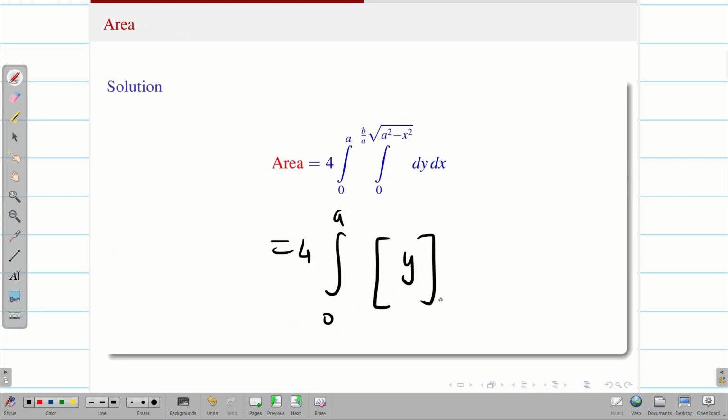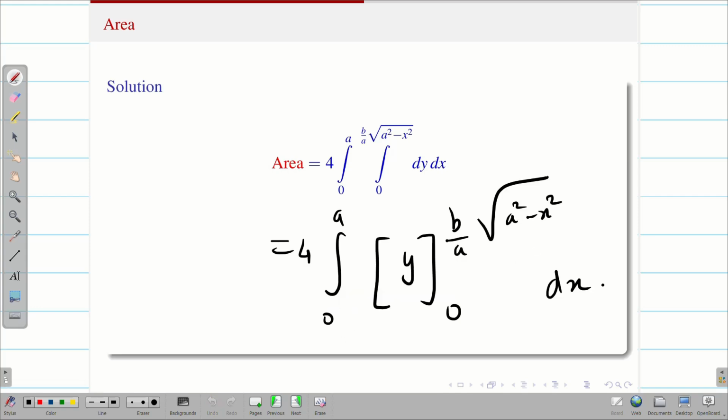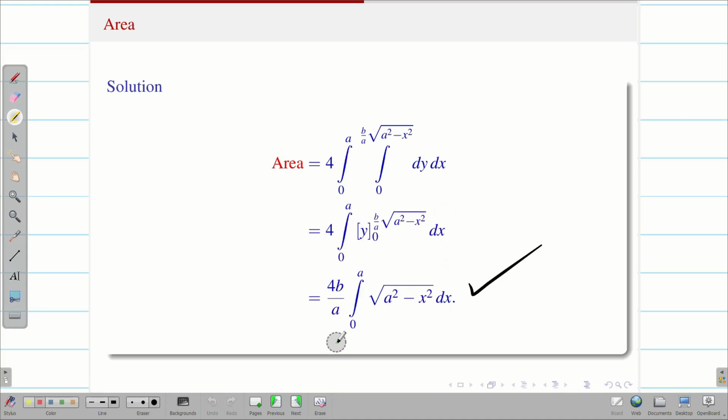When I integrate dy, I will be getting y, that is b by a square root of a square minus x square dx. Lower limit is 0. Upper limit, if I substitute, I will be getting b by a. Since b by a is constant, I can take this out. So we'll be getting 4b by a integral 0 to a square root of a square minus x square dx.